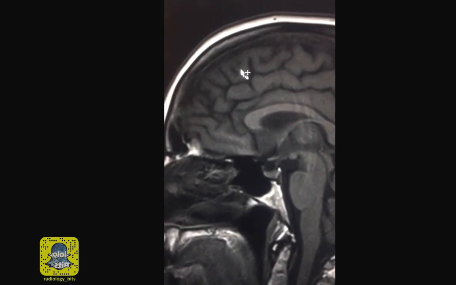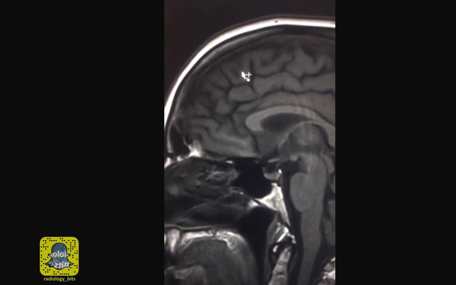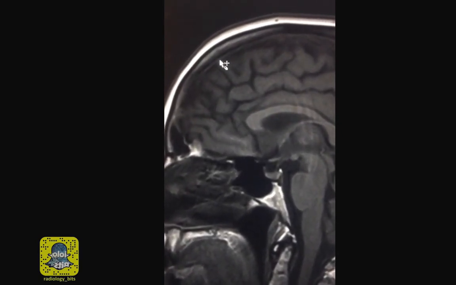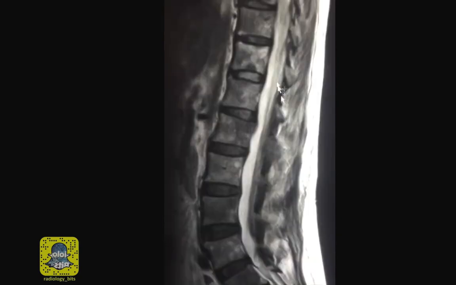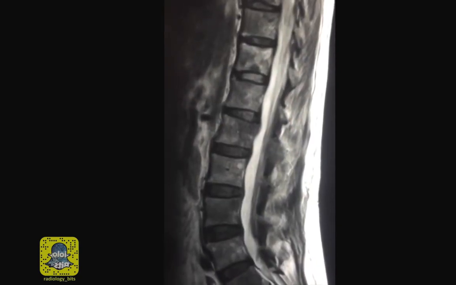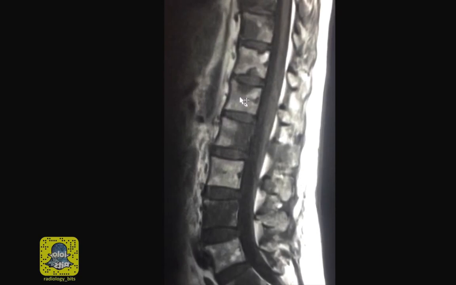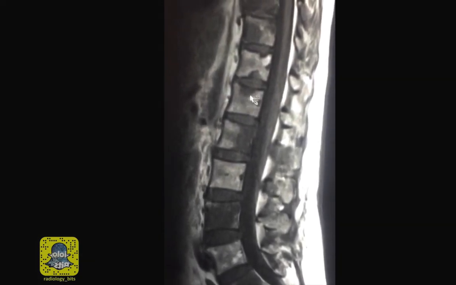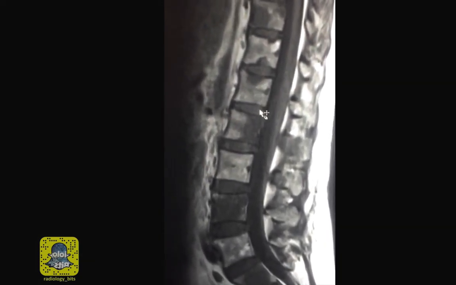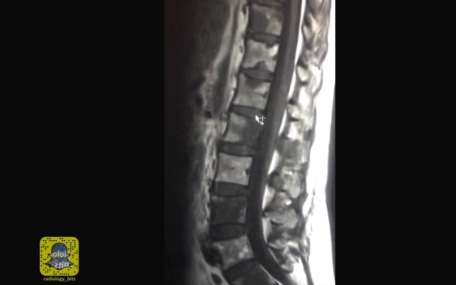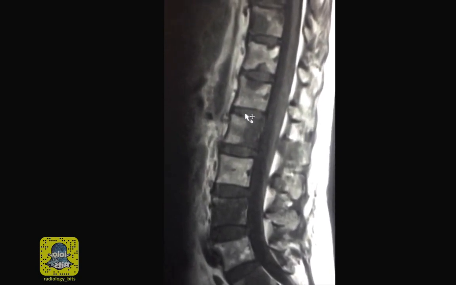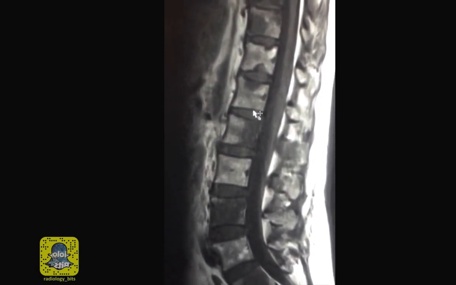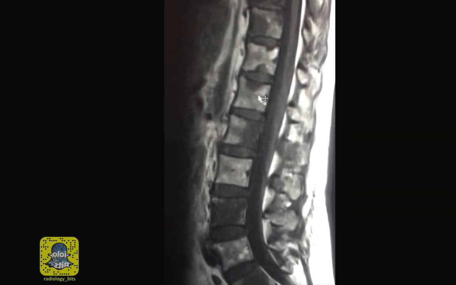Remember that in adults, red marrow is replaced by yellow marrow, which should be bright on T1. Also remember that T2 is not as good as T1 for assessing the bone marrow abnormalities. And the general rule is that on a T1 of an adult, the intervertebral disc should be darker than the adjacent marrow in the vertebral body.